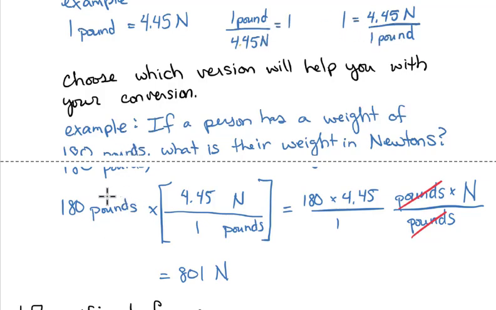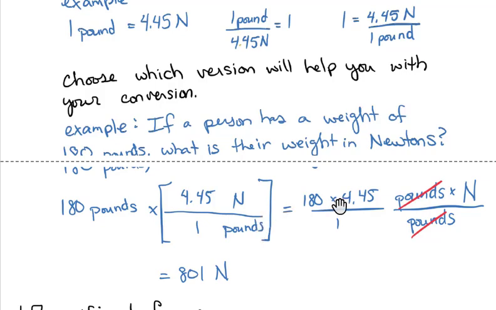All right, so since I have pounds here, I want my conversion factor to have pounds in the denominator, so that way I can cancel out and then pounds will just go away. So I chose this one then. All right, so you write that in here. 180 pounds times a conversion factor, 4.45 newtons divided by 1 pound.